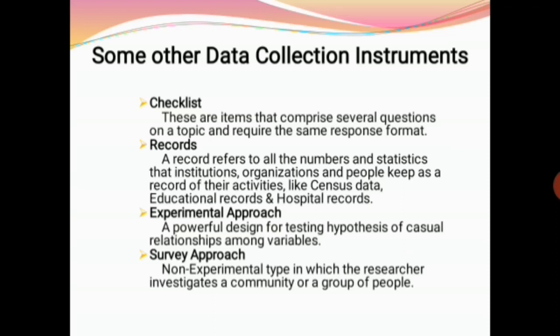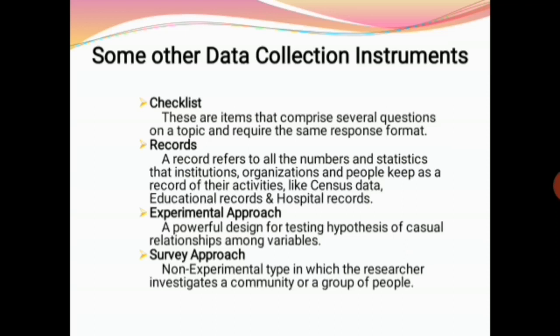A record refers to all the numbers and statistics that institutions, organizations and people keep as a record of their activities. It helps us with census data, educational records and hospital records. Records may be a primary resource or otherwise a secondary resource.